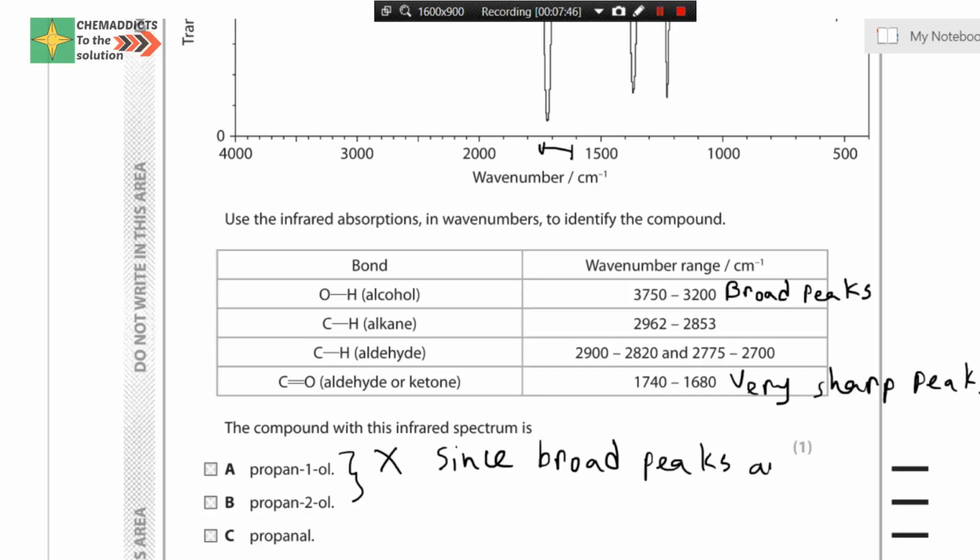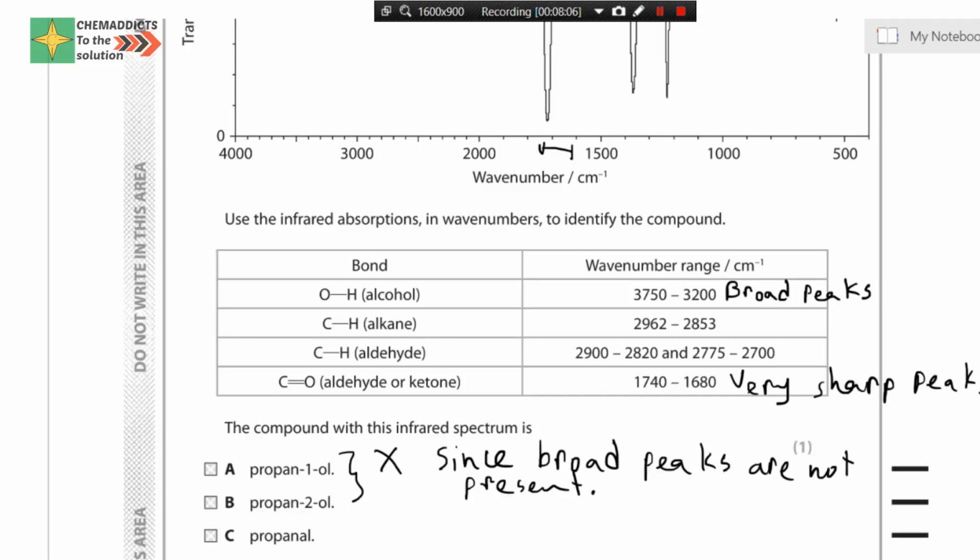Since broad peaks are not present in the infrared spectroscopy, the alcohols aren't the answer. So we're gonna leave A and B. Now the question arises between C and D.